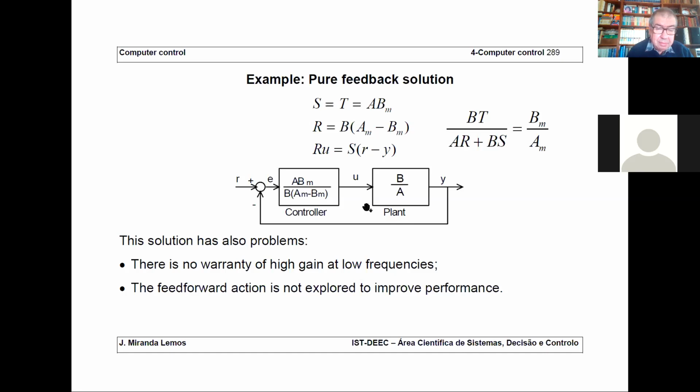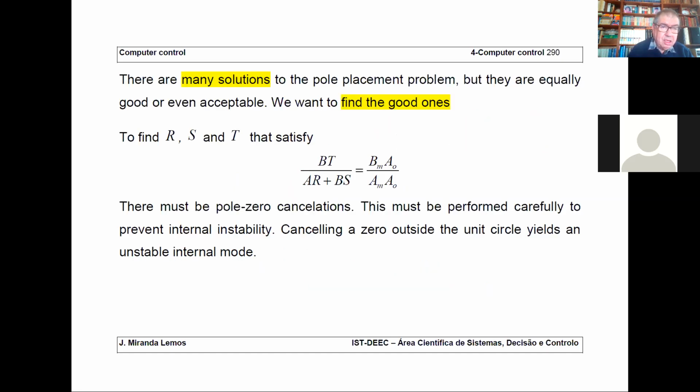You can do better. So my point is that there are several solutions. Actually, there is an infinite number of solutions to this pole placement problem, but they are not equally good or even acceptable.